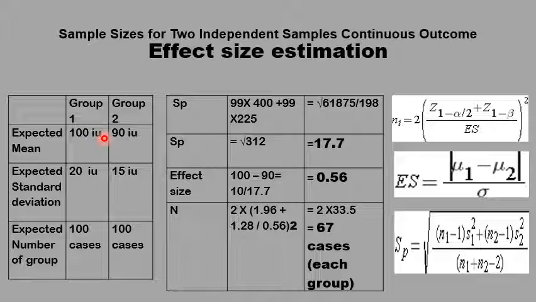You expect the mean of the first group to be about 100 and the second group to be about 90, and you will use these two figures in the equation for the expected effect size. The tricky bit, of course, is the expected standard deviation, because that would require the number you would put into each group and the expected standard deviation for each group independently.